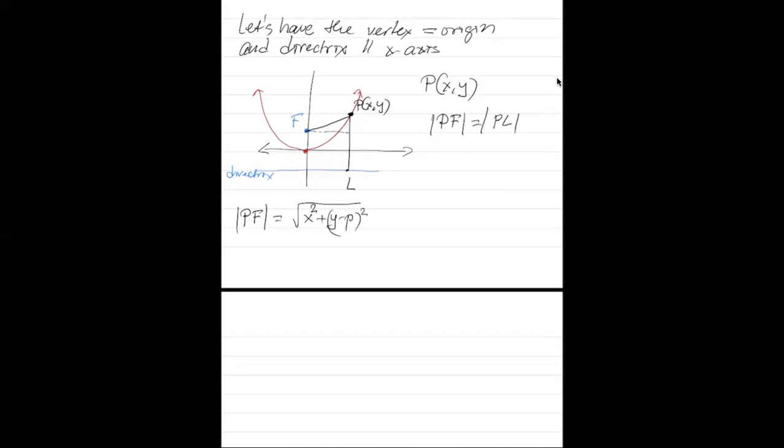Here p is the distance from the origin to the directrix, so the directrix has equation y equals negative p. That would help us determine PL. So PL is equal to y plus p.